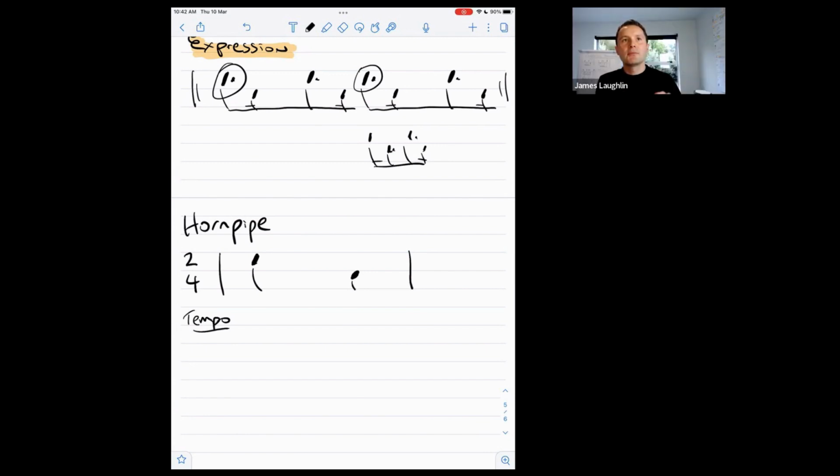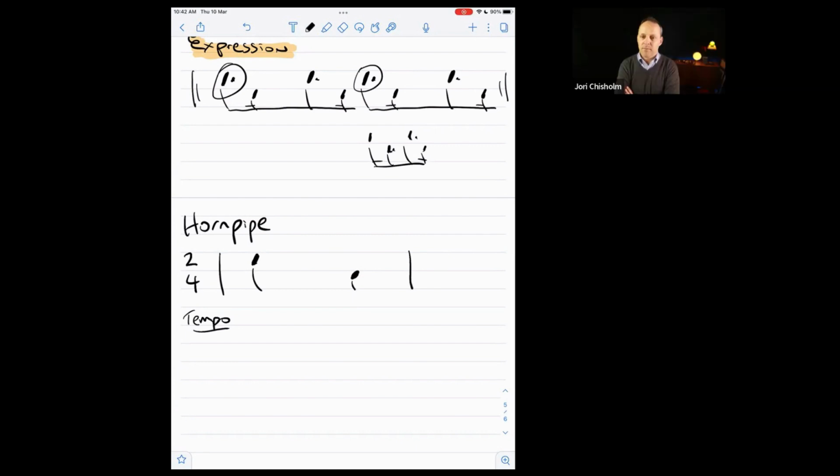Yeah, for me, in the march we have that agogic stress where we're really leaning on that first beat and emphasizing it. Whereas in a hornpipe, it's lighter hearted, it's slightly more elevated tempo, and we don't sit on and emphasize that beat as we would in a 2/4 march. So for me, there's a lot more lift and life. Yeah, I think that's right.